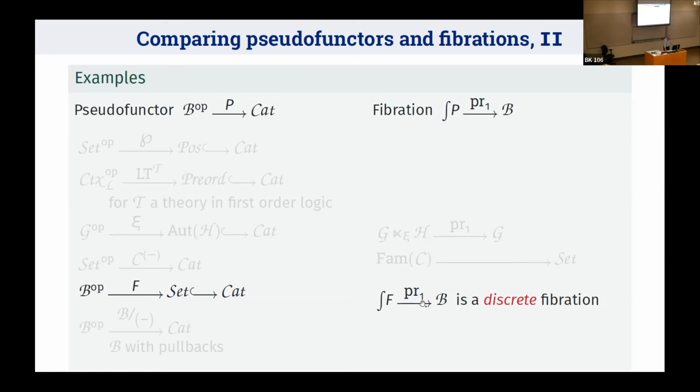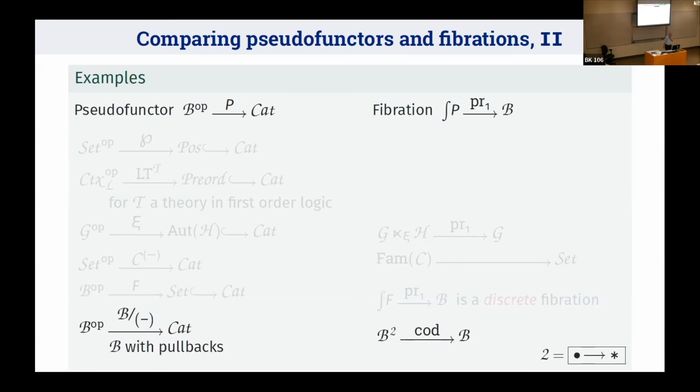Discrete means that they come from unstructured categories, discrete categories. And in a sense, the category of fibrations, which I've not defined but I'm sure you can guess, is very big. All the toposes of pre-sheaves sit within it. Sheaves, because they are contained in a topos of pre-sheaves by definition, are subcategories of the category of fibrations.